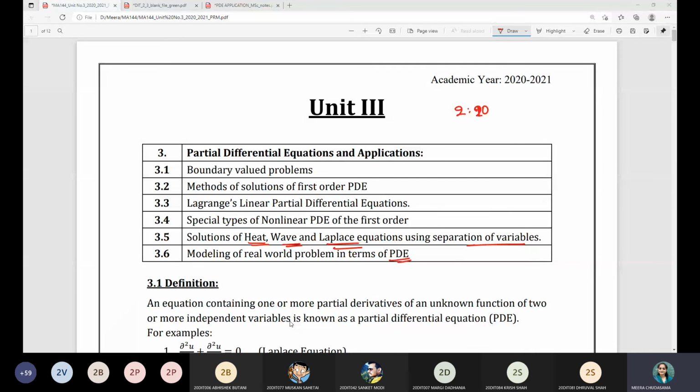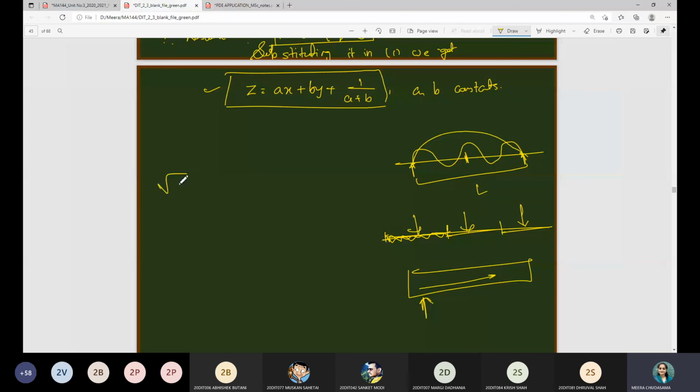Okay, any doubt? Ma'am, you told us to remind you about that question. Yes. I had asked the question: what will be the degree of square root of p plus square root of q is equal to 1? Who has solved this example? Muskan has already done it. She sent me the solution.